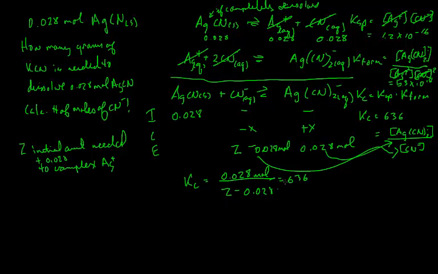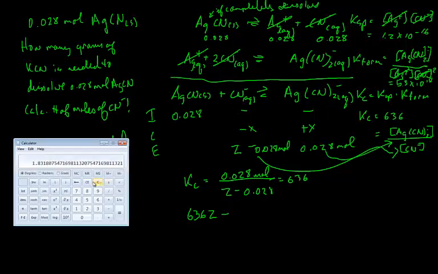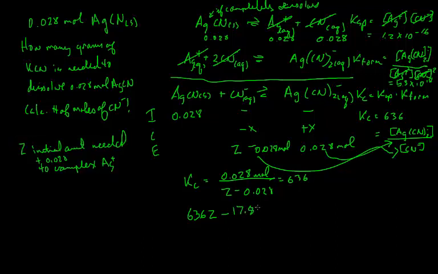So we cross multiply, so we'd have 636Z minus 636 times 0.028, which is 17.808, equals 0.028.